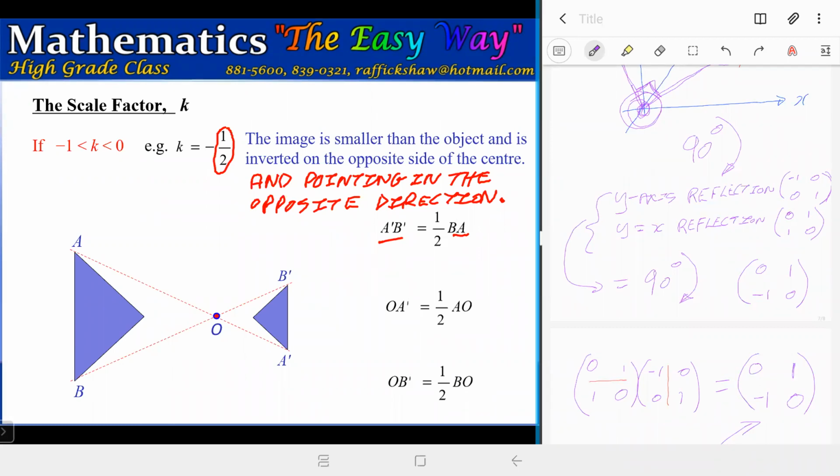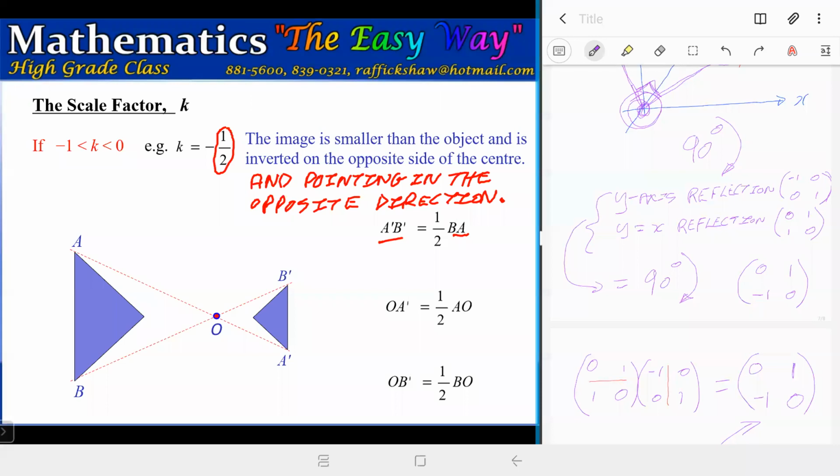If the value is a fraction, like a half, a quarter, 3/4, any value between 0 and 1, then the image is going to be smaller, and the distance from the center is also going to be shorter. If the scale factor value is a fraction, then we'll come to the positive and the negative now.